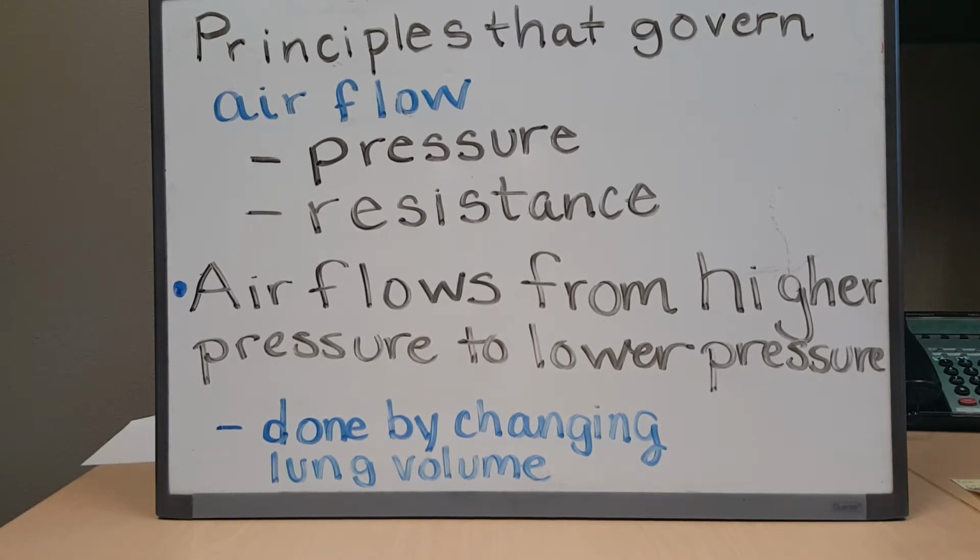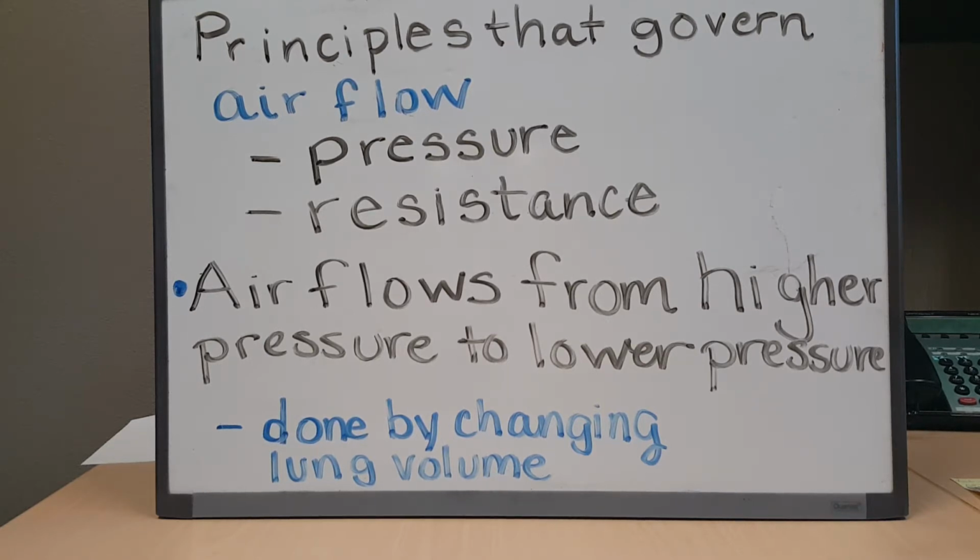So again, the principles that govern airflow are pressure and resistance. Resistance, which won't be covered in this video, is just the obstruction of air either in or out. For example, when your bronchioles constrict, that restricts airflow and increases the resistance, which decreases airflow.